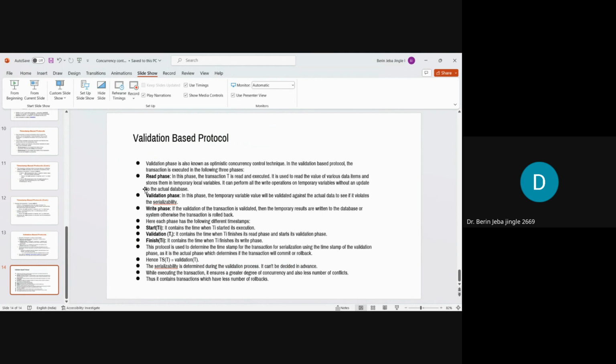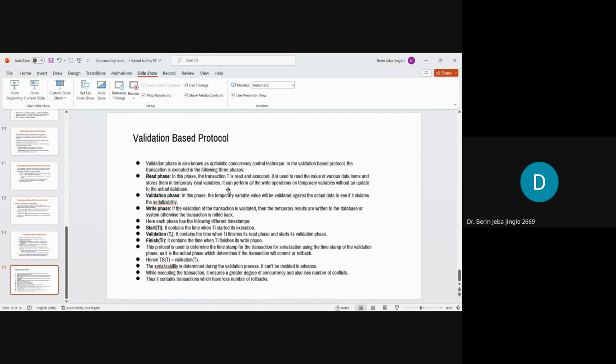Again, I'm repeating once again. Read phase means transaction T is read and executed. It is used to read the values of various data items and store them in temporary local variables.